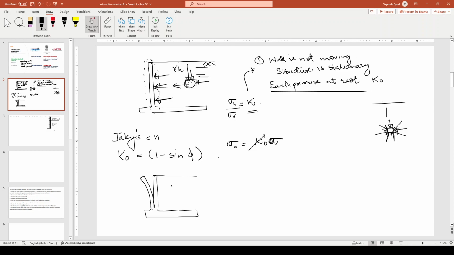Now, in this case, this is not as simple as the previous case. Why? Because now there is movement.